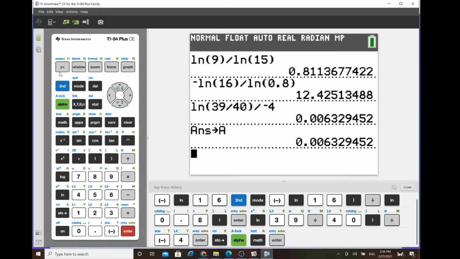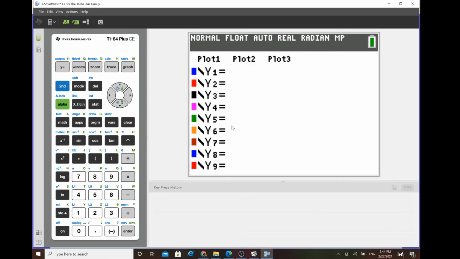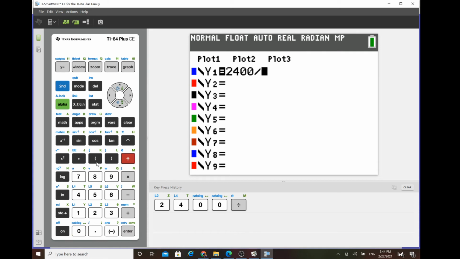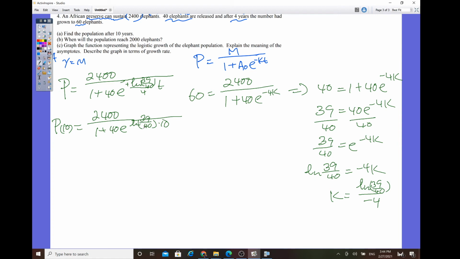Now we just want to put in the model. So y equals, we don't need that y2. For y1, that'll be 2,400 divided by, over 1 plus e, second base e, to the power of, and this one is supposed to be a negative number, so it's going to be negative A times t.